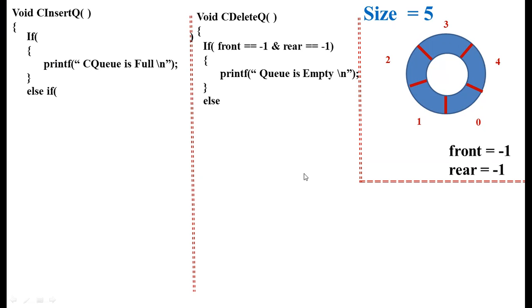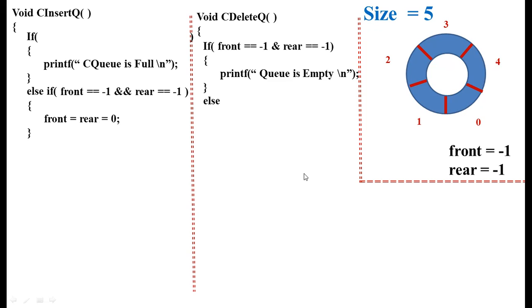So right here, if the front value is equal to -1 and the rear value is equal to -1, which means the queue is empty, we are inserting the first element. Whenever we insert the first element, the logic is: if front is equal to -1 and rear is equal to -1, then front equals rear equals 0.